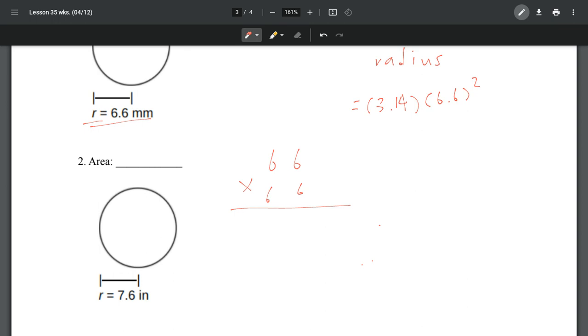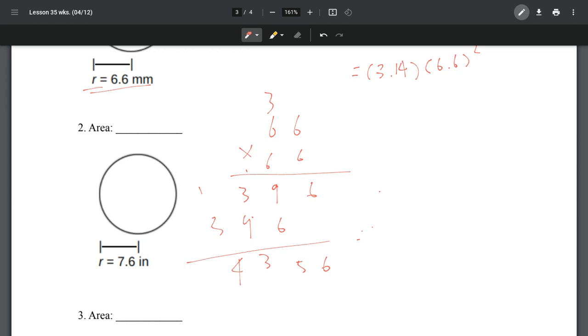And so 6 times 6 is 36. 6 times 6, that's 36. And then so 6, that's 15, 13. So we got 4356, right? And then remember, we have to put the decimal point back.